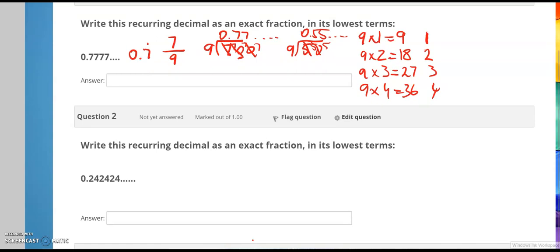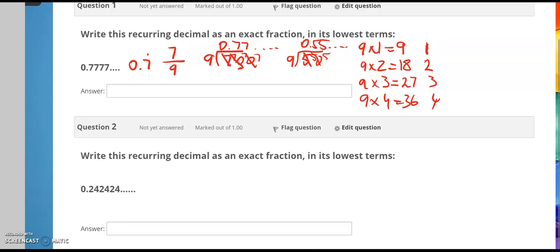So let's say 0.7 recurring is x, and we multiply this by 10, so we get 7.77 recurring. So this was 10 lots of x.